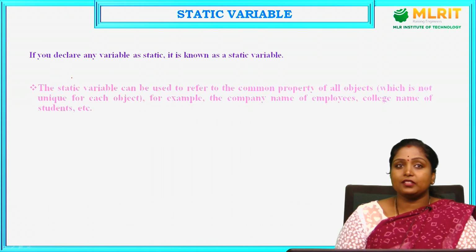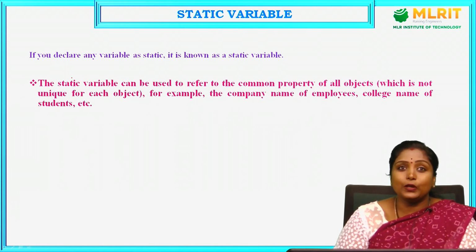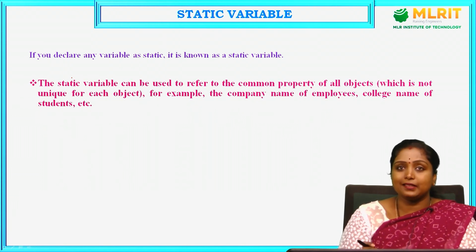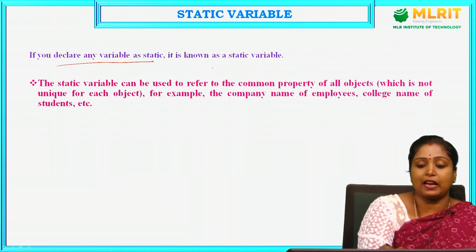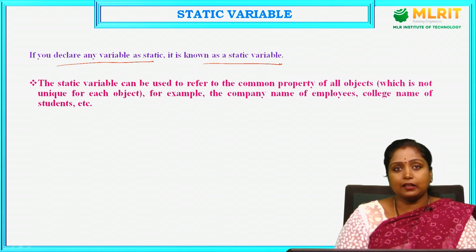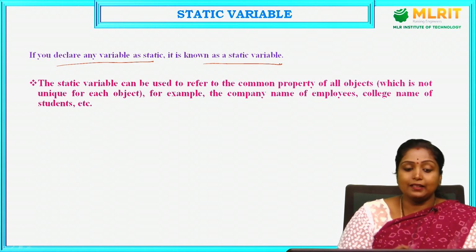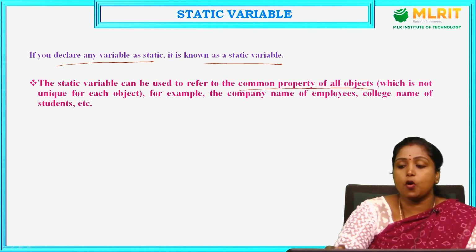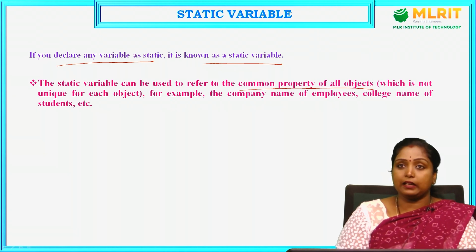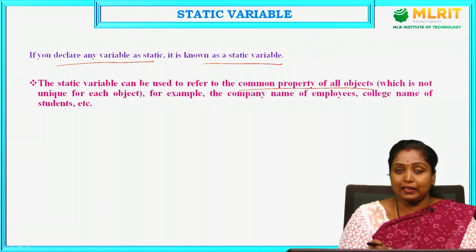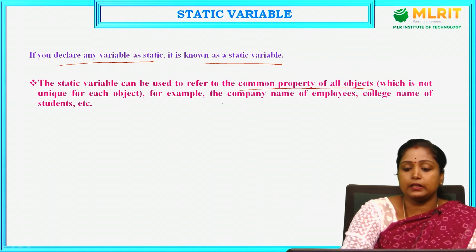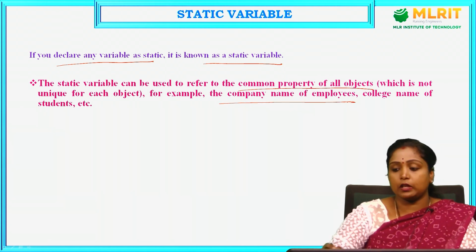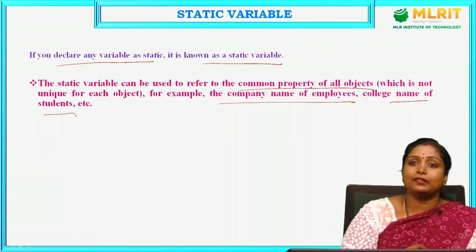Coming to the static variable: if you declare any variable as static, it is known as a static variable. It is a common property of all objects. For example, the company name of an employee will be the same for everyone, and the college name of a student will be the same for everyone.